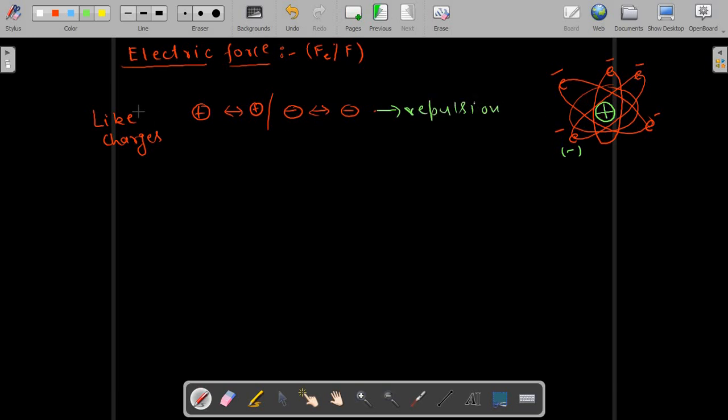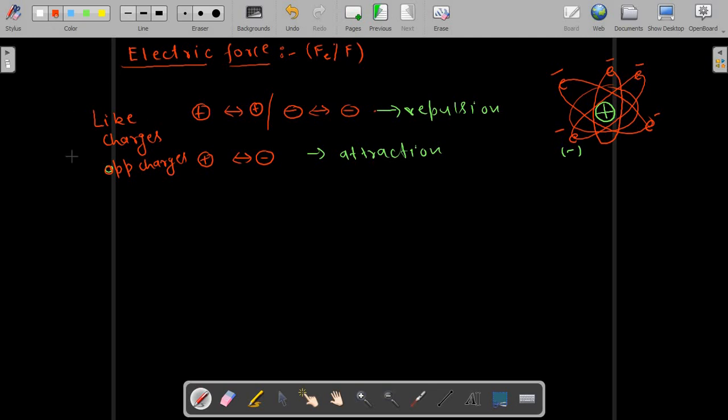But here, as you can see, there are opposite charges, plus and minus. Then what kind of force? This is attraction. Opposite charges. Okay, getting my point?